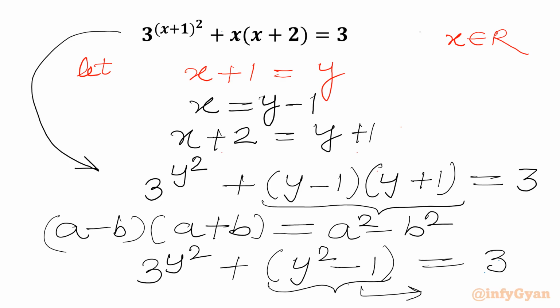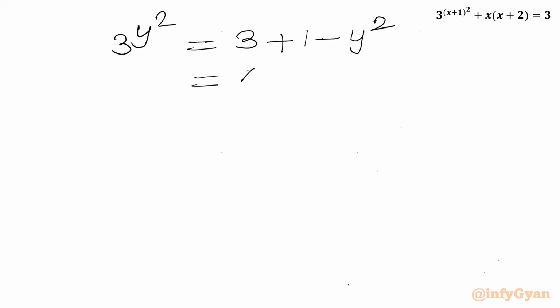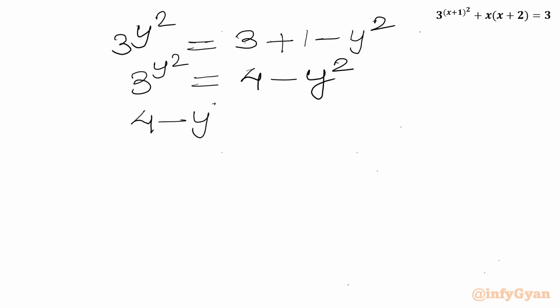So 3 power y square will become 3 plus 1 minus y square, which will be equal to 4 minus y square. Or I can write 4 minus y square equal to 3 raised to the power y square.